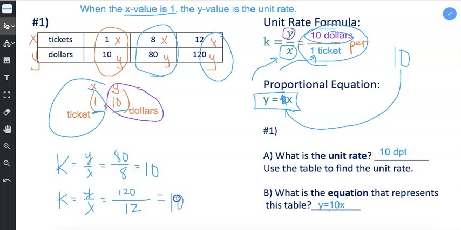This goes back to what we were talking about when we talked about the variable k and why we use k to represent unit rate. In the US, we would spell constant like this. But the word for constant in German is spelled like this.